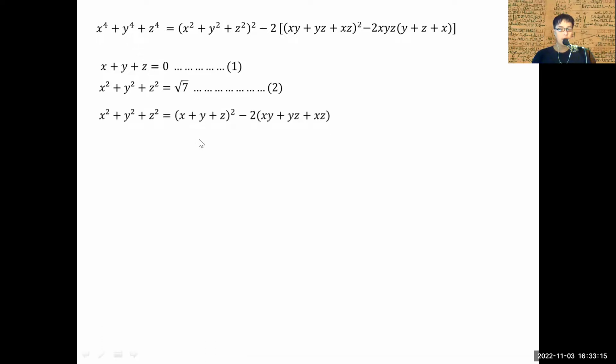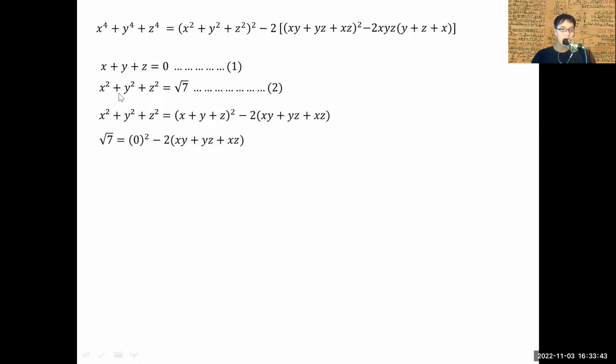Next, I'm going to get this out based on the trinomial theorem. Remember, earlier I mentioned it. So I write x squared plus y squared plus z squared in terms of the trinomial expansion, the identity. And I get (x plus y plus z) squared minus 2(xy, yz, xz) respectively.